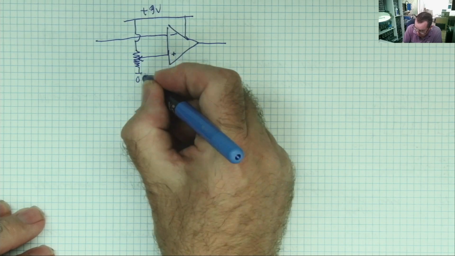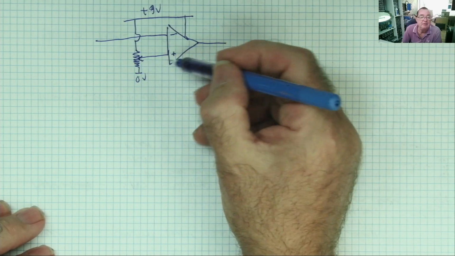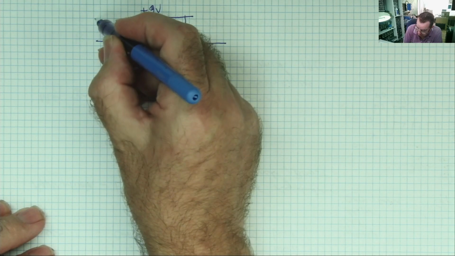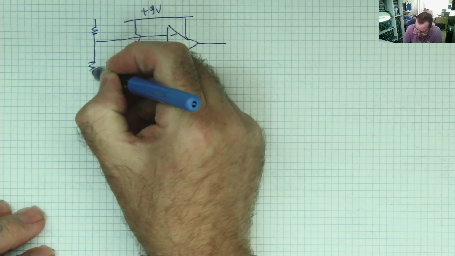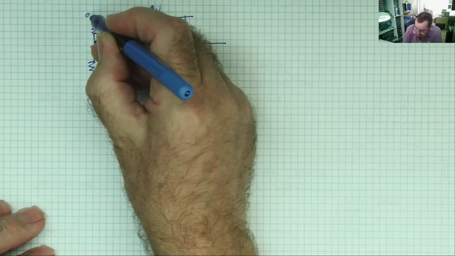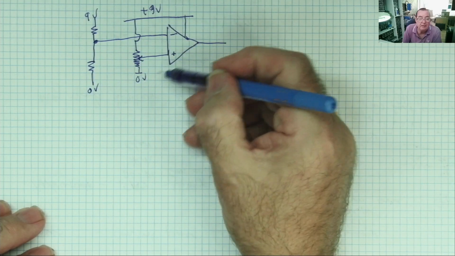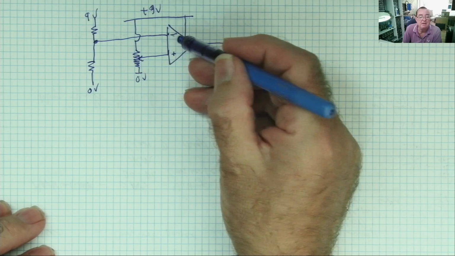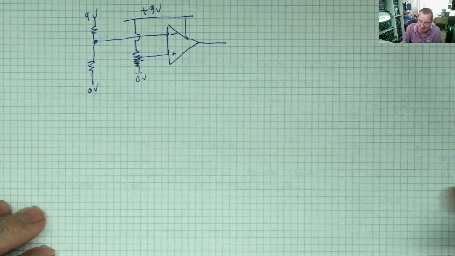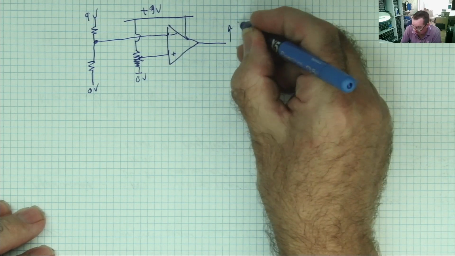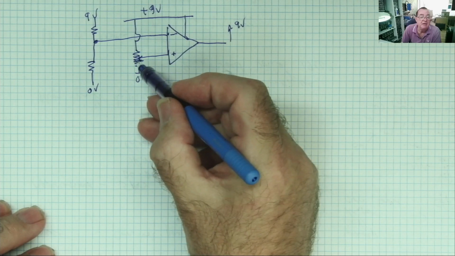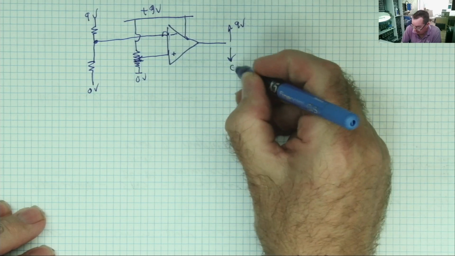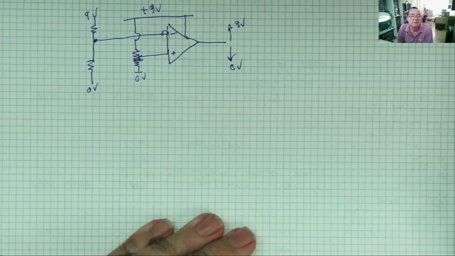This is 0 volts. If the voltage at this input is above the voltage on that input, so we'll put some voltage on here, in fact, let's just use a fixed pair of resistors, 9 volts, 0 volts. If we adjust the potentiometer so the voltage here is above that one, even by an extremely small amount like microvolts, the output will go to 9 volts. And if the voltage here is below the voltage there, again, even by an extremely small amount, the output will go to 0 volts. So that is a comparator.